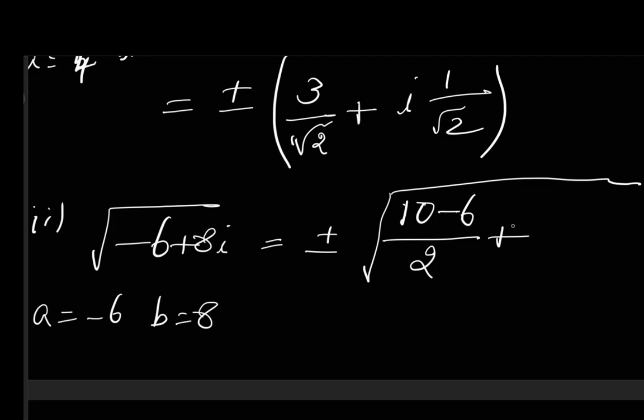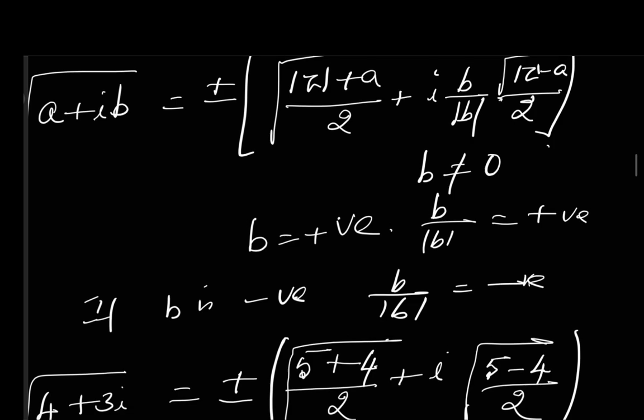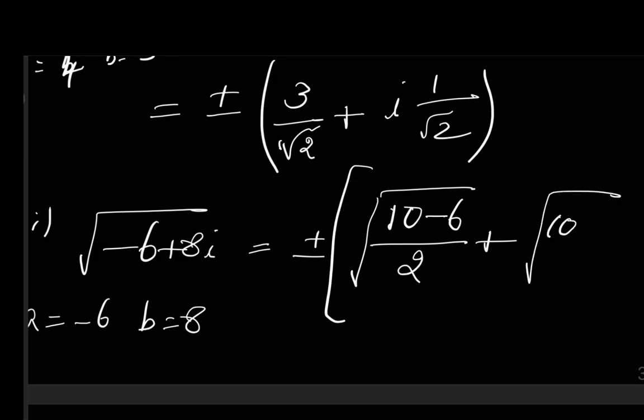Then b is positive, so for b by modulus b you write positive sign. Then square root of 10 minus a, that is plus 6, by 2, times i.